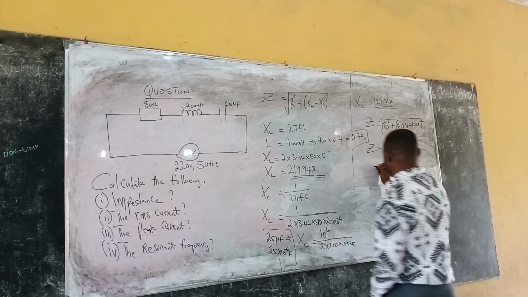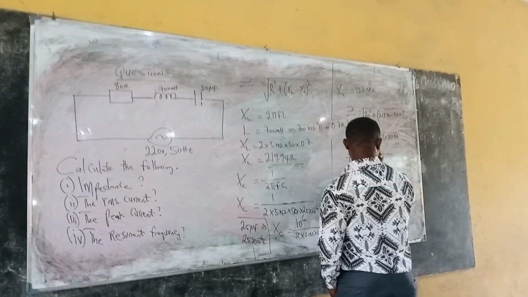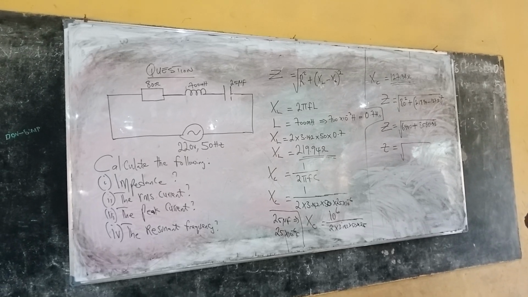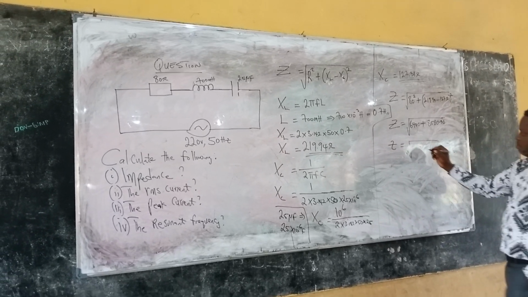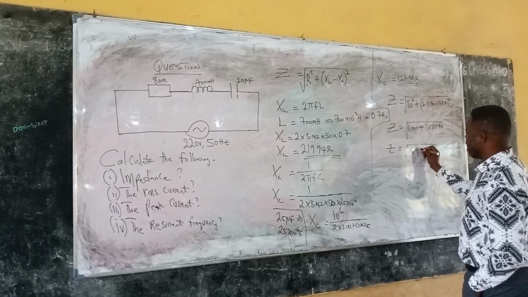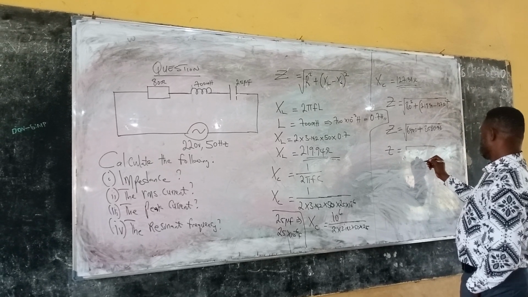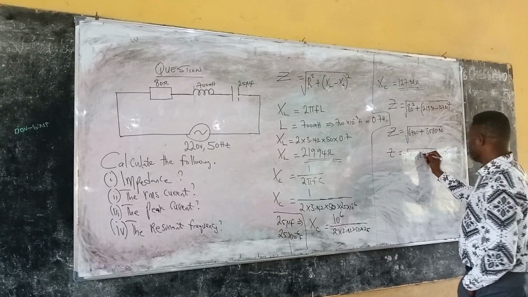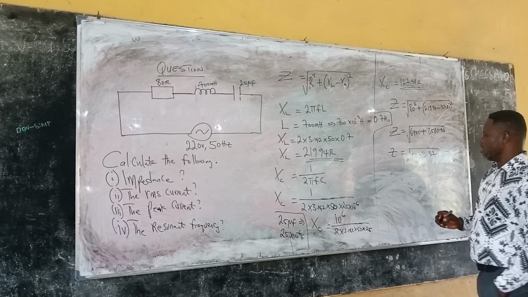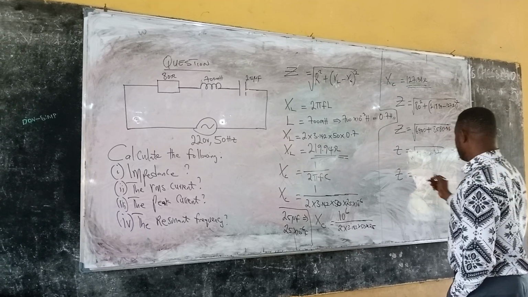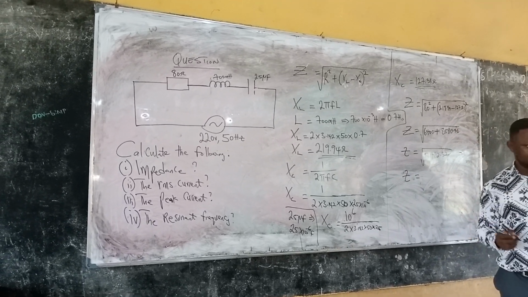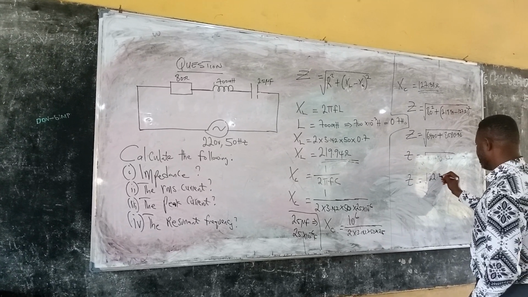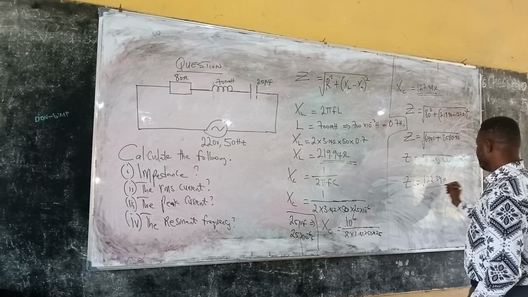Okay, so add the two of them, you're going to have our impedance to be the square root of, add the two of them, what do you have? 1,498.32. So if you take the square root of 1,498.32, what will you have? 122.39 ohms. First problem solved.